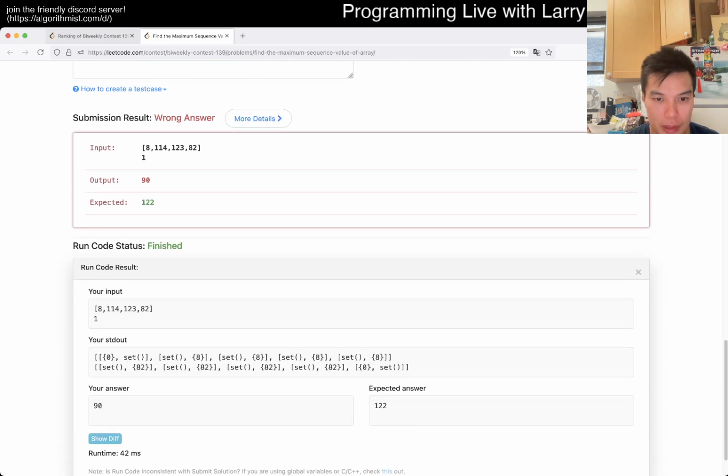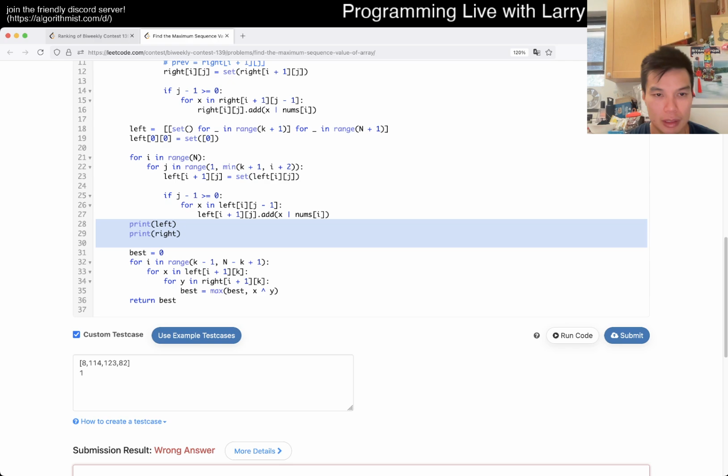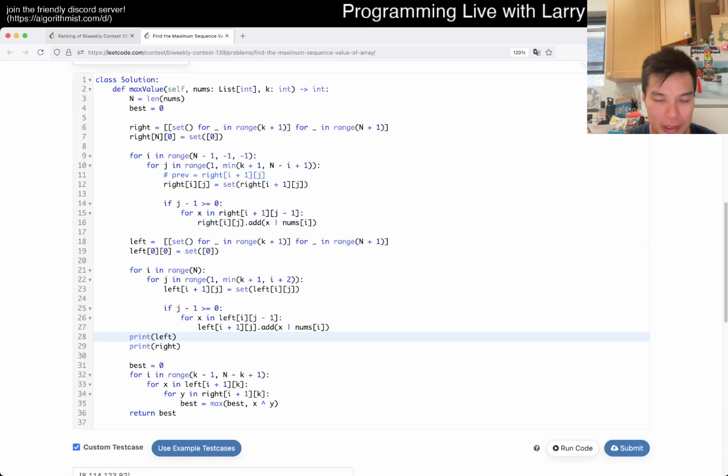What's 122? Well, I mean, my answers are really weird. K is equal to 1. Yeah, all these sets should be zeros, I think. Yeah, okay. That's not an off by 1. I mean, it is an off by 1, but it's also me being dumb.